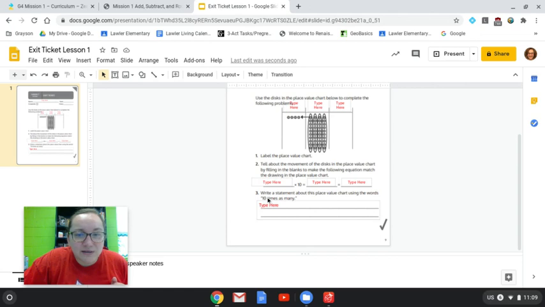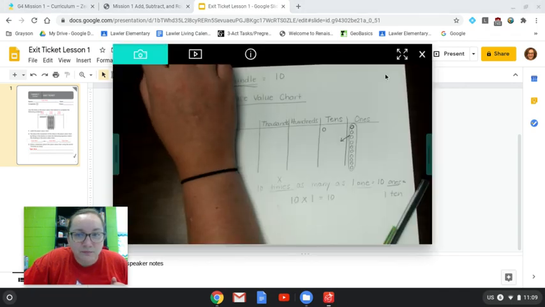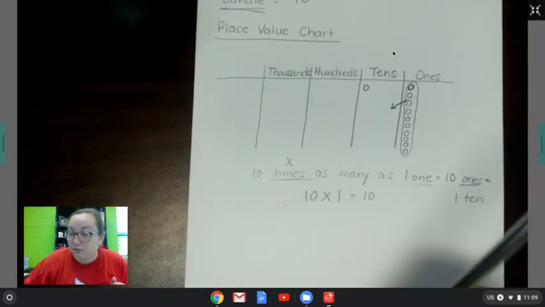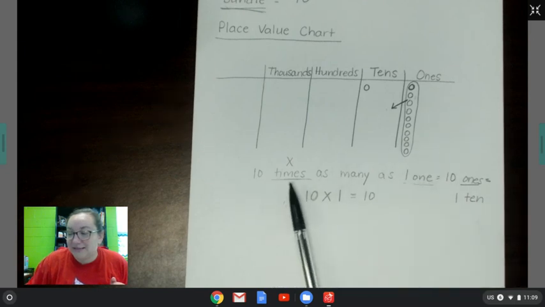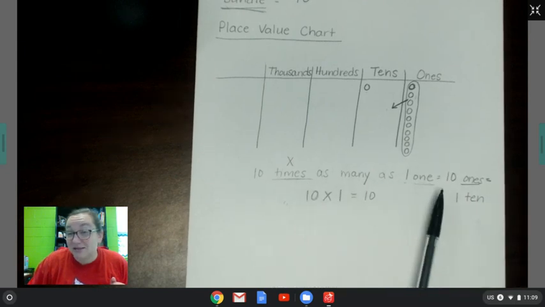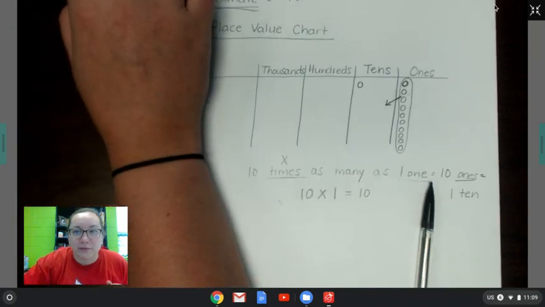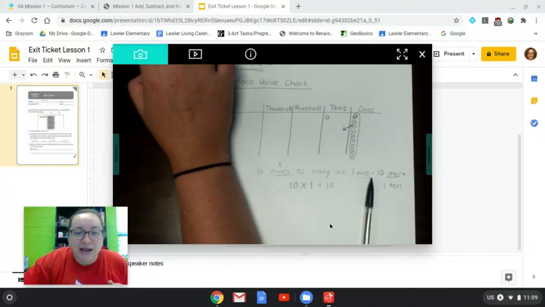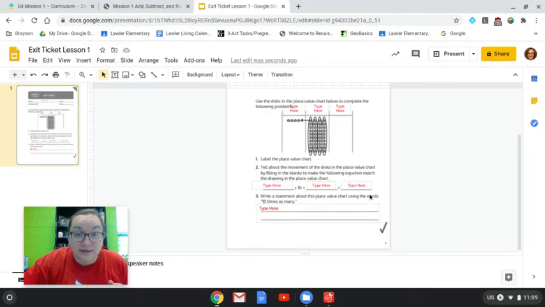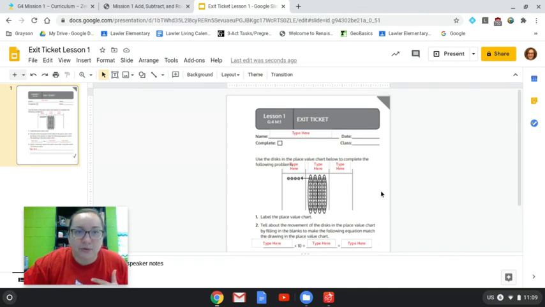Now, it wants you to write a statement about this place value chart using the words 10 times as many. Now, if you remember, I did that when I first did this. So 10 times as many as, and that's how you're going to write that multiplication sentence. Now, if you're having trouble with this, please reach out to me and I would be happy to help.